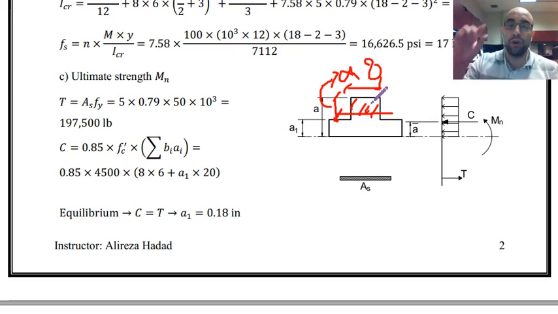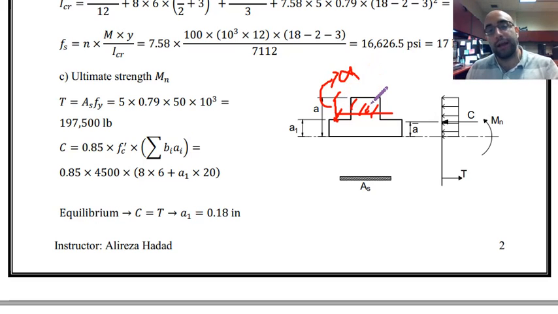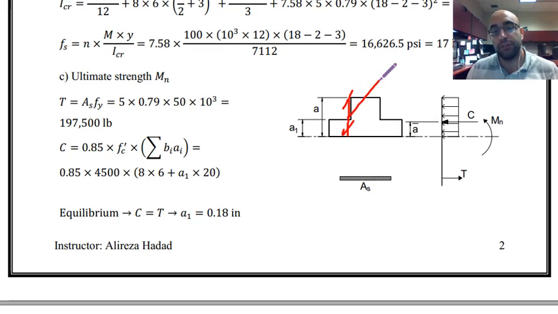Just an area in the top portion of the section, and then that A1 should be smaller than total depth that we have over here, which is 6. But that is the situation of having compression blocks just in top portion of the section, or in this top rectangle.